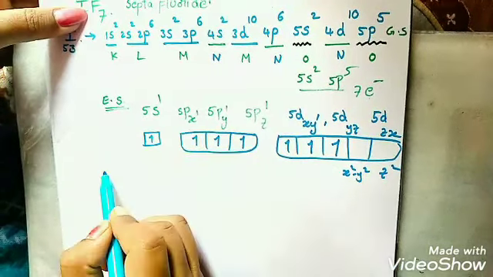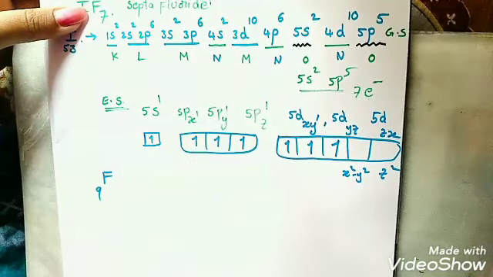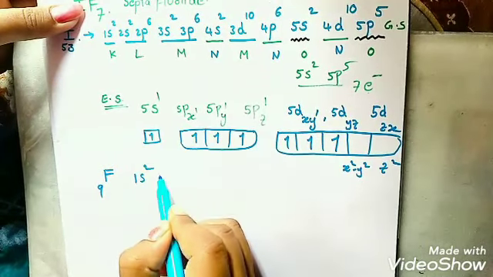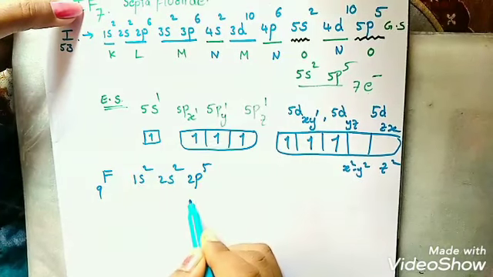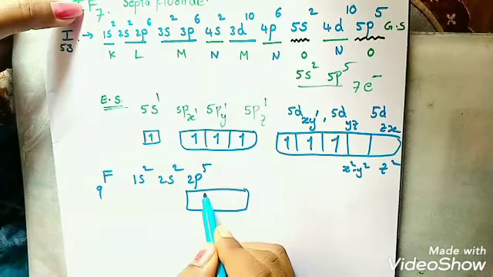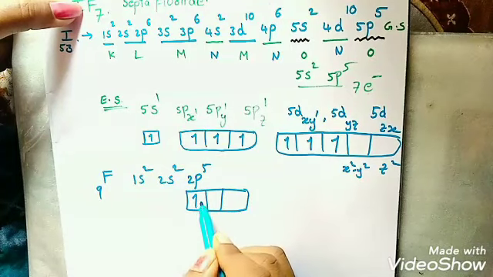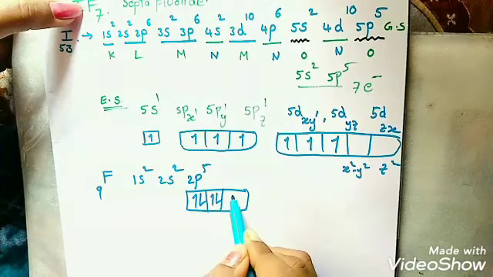So that, students, for the fluorine, atomic number 9 and the electronic configuration 1s2, 2s2, 2p5. If you draw like this, 2p5.